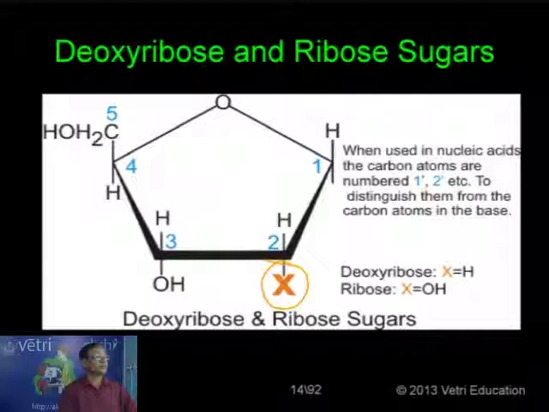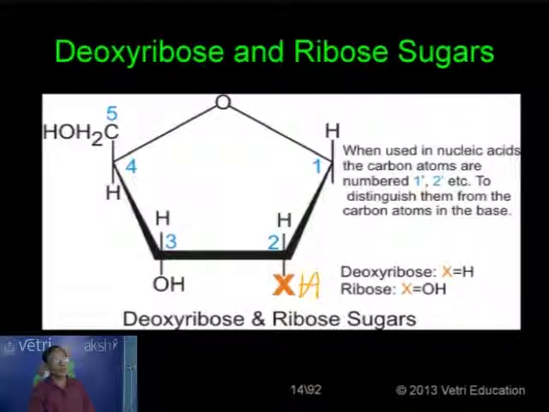In the case of deoxyribose sugar, in this position, instead of the hydroxyl group, we have hydrogen. That's what they call deoxyribose sugar, 2-deoxyribose sugar, because it happens only at the second carbon atom of the pentose sugar. So these are the examples of pentose sugars, and the biologically available form of the monosaccharides is in the form of hexoses.